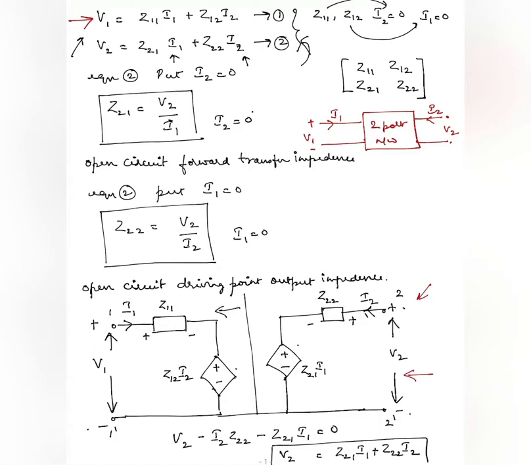So whenever you get the values of Z11, substitute that value here, Z12 here, and Z21 here, and Z22 here, and you can write the dependent sources here, two voltage sources, and finally you are able to write the equivalent two-port network in terms of Z parameters.